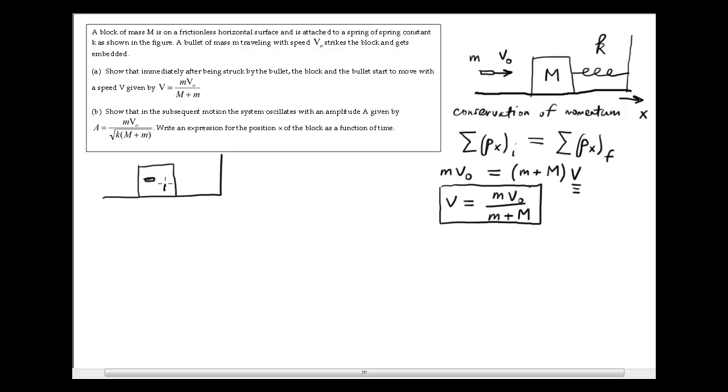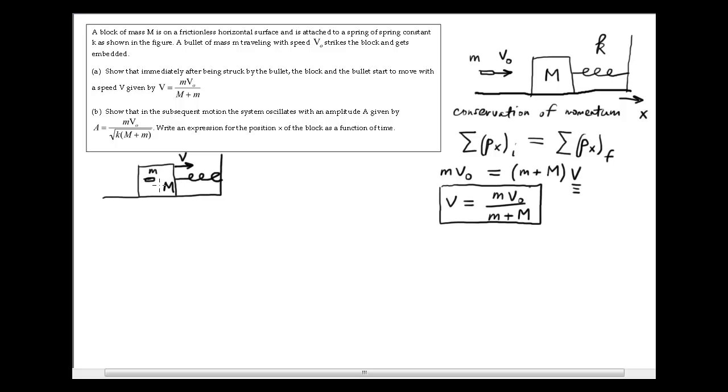So we've got the block of mass big M and the bullet of mass little m, but they're connected to the spring, and because of this collision, they actually begin to move with this speed v before the spring is even compressed. At least that's our approximation. This collision happens so quickly, they begin to move even before the spring is compressed at all. And so now we want to find the amplitude of the subsequent motion of the system.